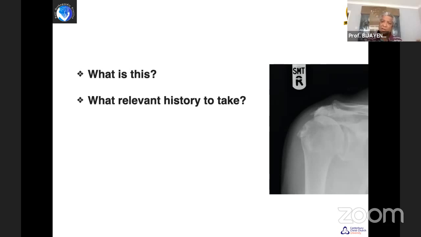Is there any night pain? Any history of injury to the shoulder? And especially any treatment the patient has had, including physiotherapy, other non-operative intervention, and any previous history of surgery.